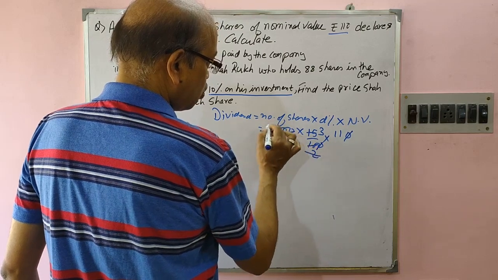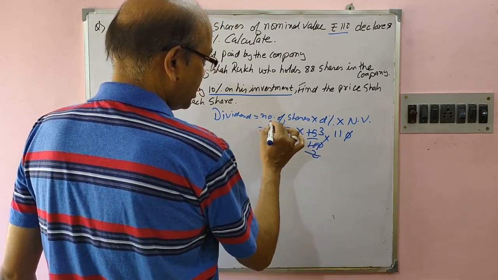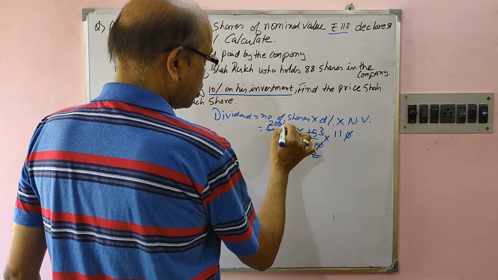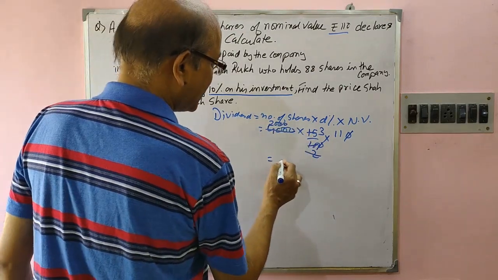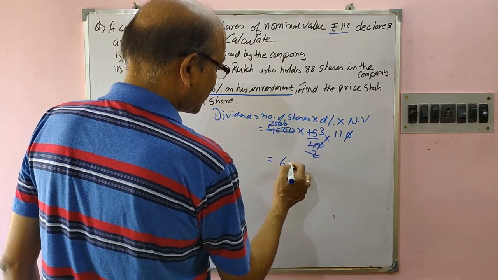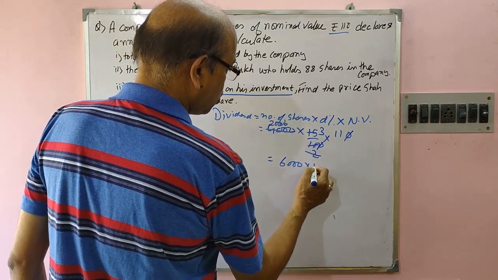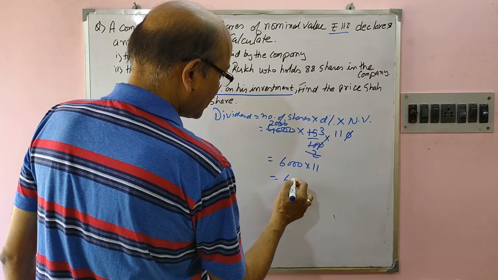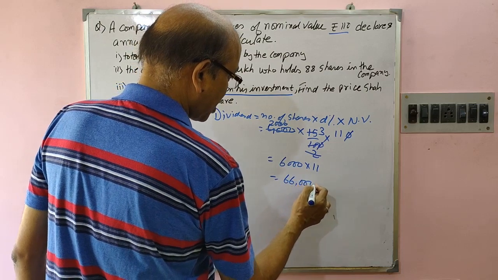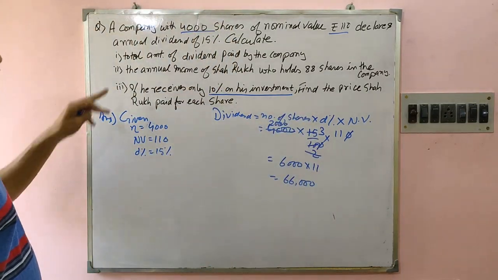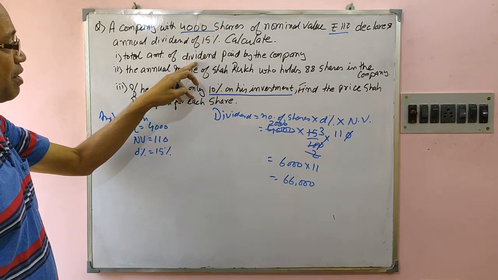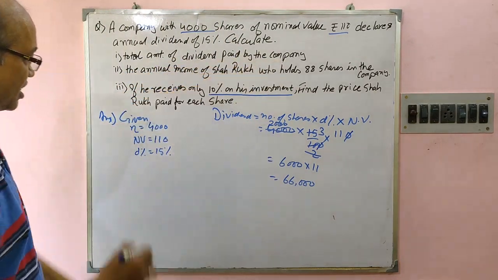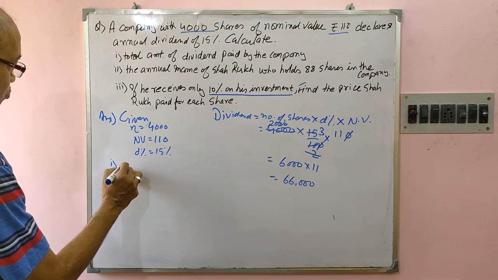This will go 2,000, then 6,000 into 11, that is 66,000. Therefore, the amount of dividend paid by the company is 66,000. First part.